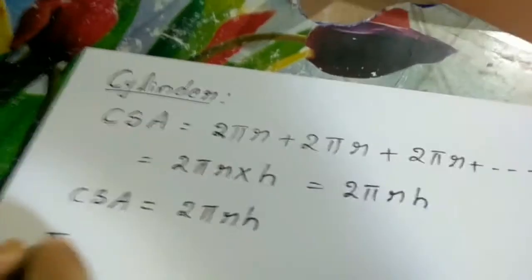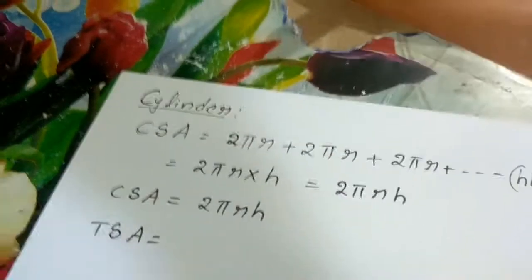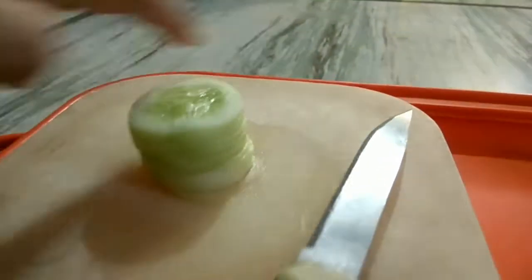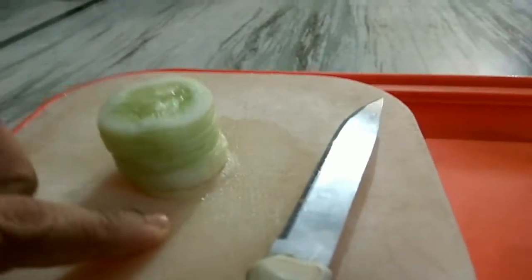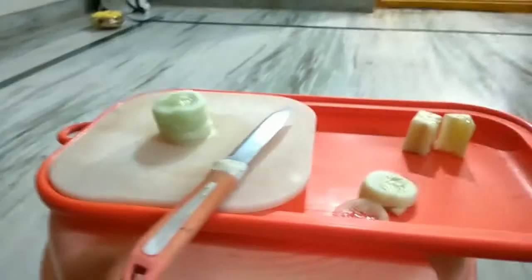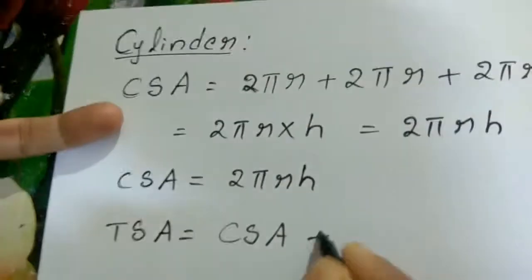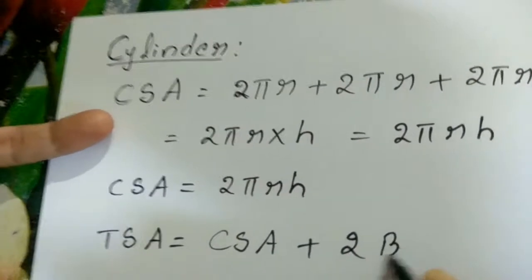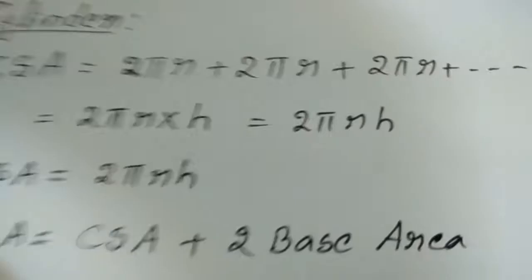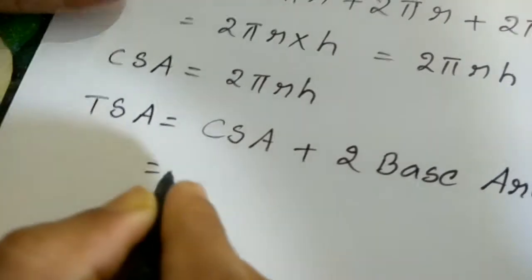Now, if we look at the total surface area, TSA, the TSA of the cylinder is always CSA plus top and bottom. As we discussed already, top and bottom are congruent circles. Yes, so it's twice the circle area we should consider. So CSA plus 2 times the base area, or top area.